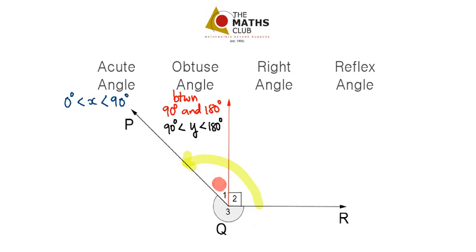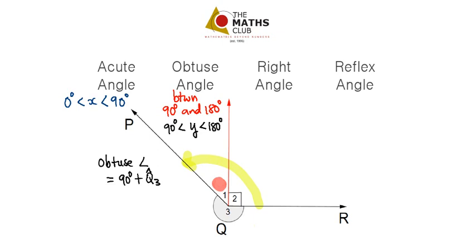And if you like, you could say this obtuse angle as a whole in this diagram is 90 degrees plus angle Q3. That's an obtuse angle.